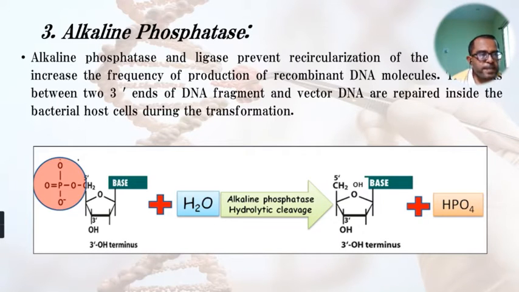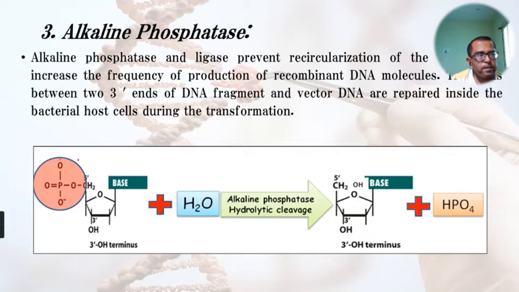If we do not treat these plasmid fragments with alkaline phosphatase enzyme, then it may be possible that the original fragments of the plasmids get rejoined once again with the plasmid molecule. Our interested DNA will not be added there.